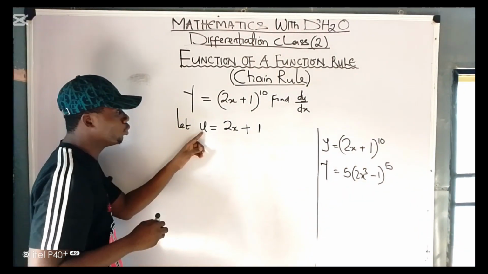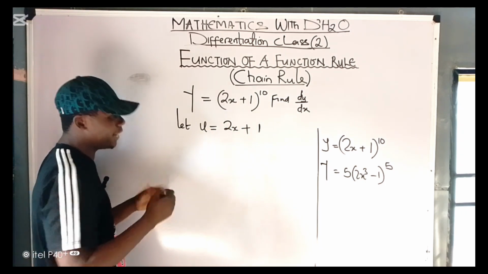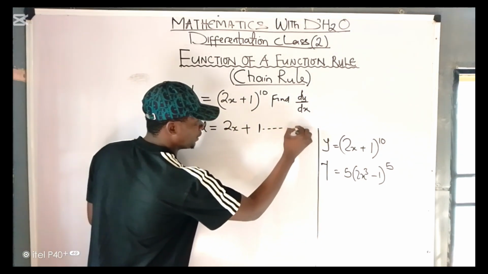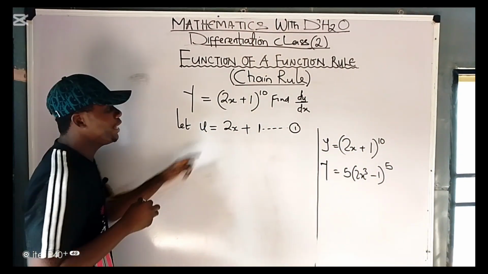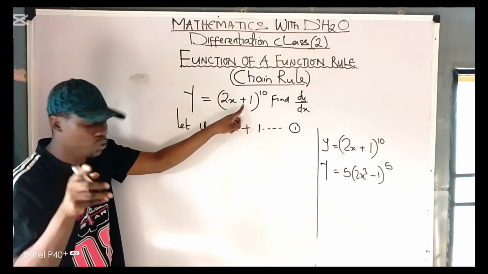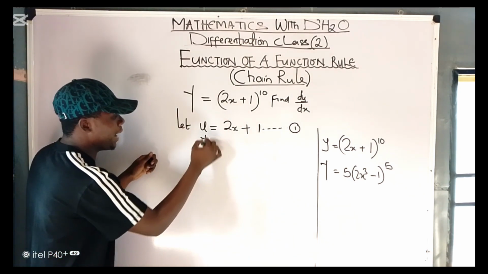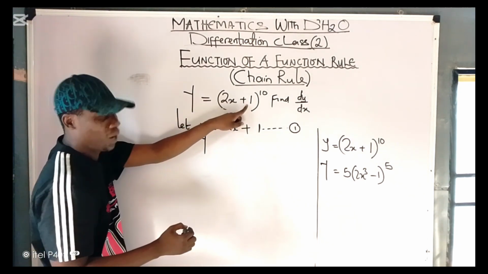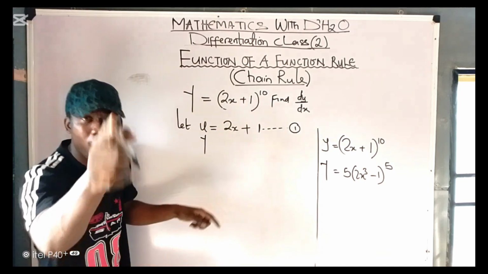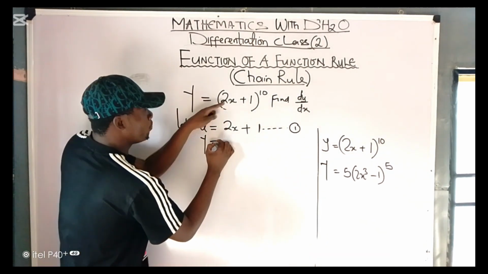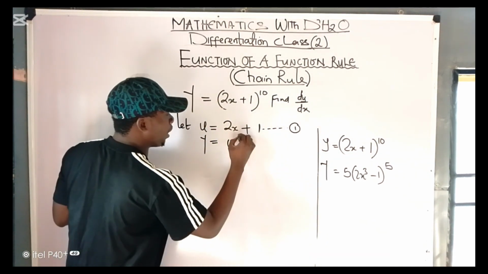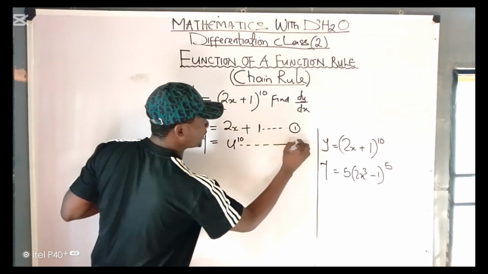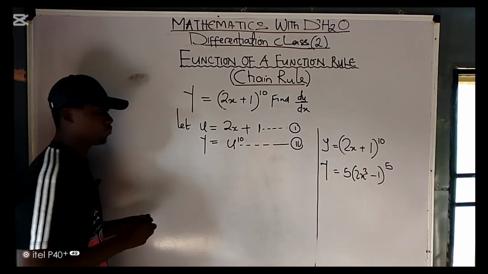Yes. So u is 2x plus 1. Then we can call it equation 1. Yes. Now if everything here is your u, it means that your y will no longer be (2x plus 1) raised to the power of 10. Your y will be what? Will be u raised to the power of what? 10. And we call that equation what? Equation 2.